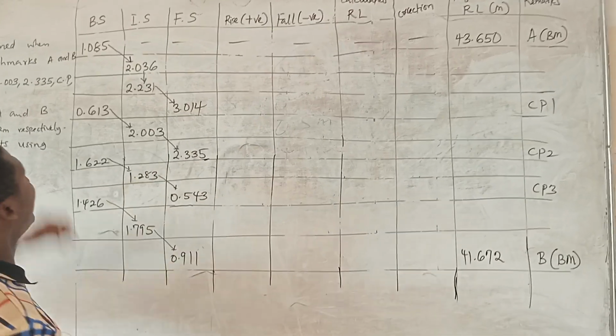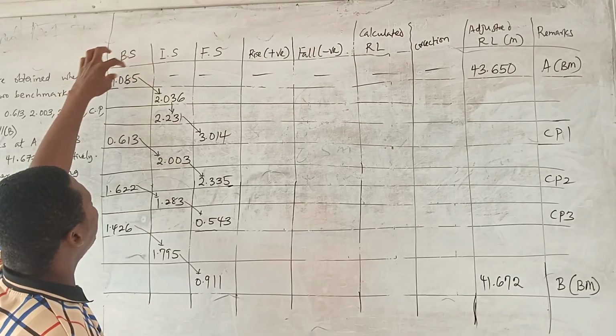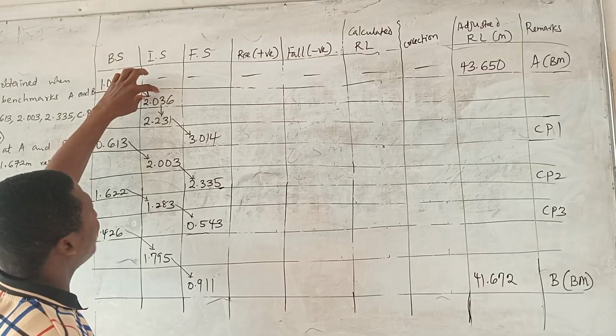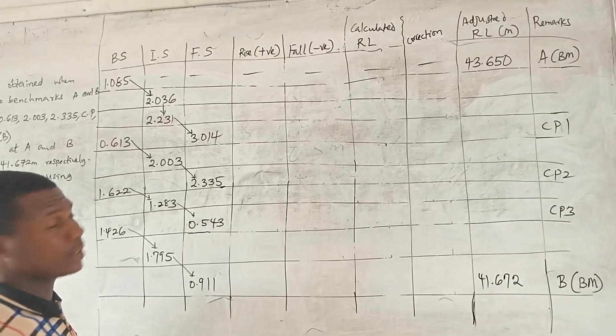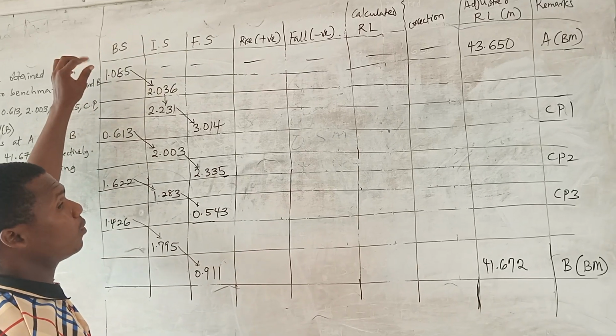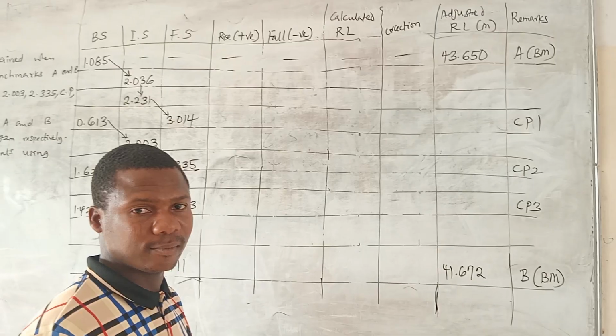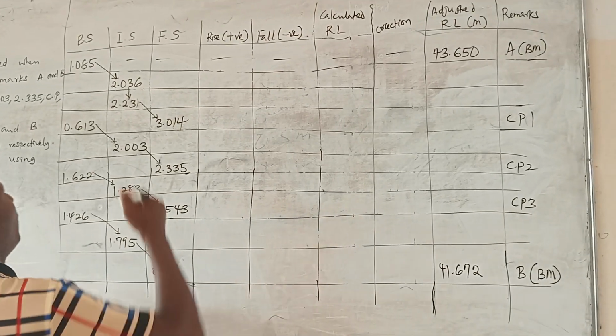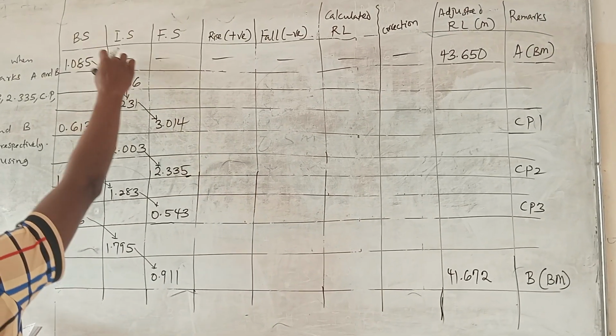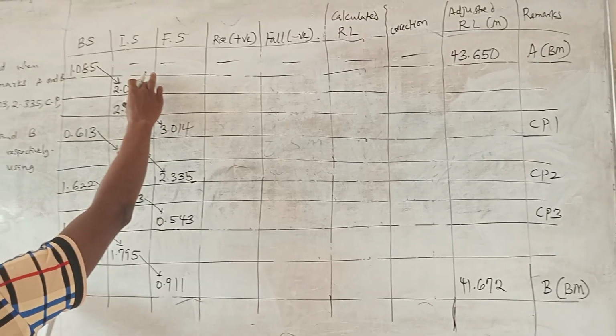Now, it is this value minus this one, not the other way around. Alright, so now 1.085 minus 2.036.